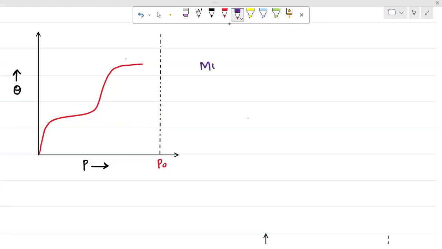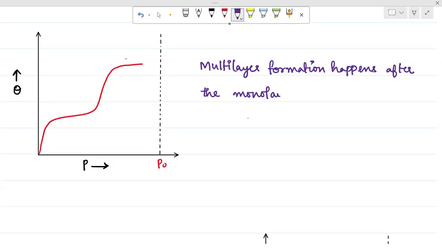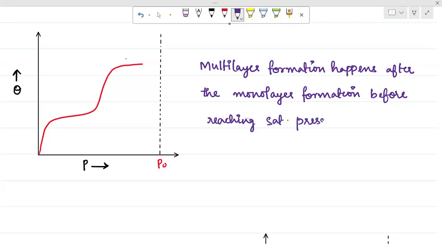So here also you can write that multi-layer formation happens after the monolayer formation, before reaching saturation pressure.